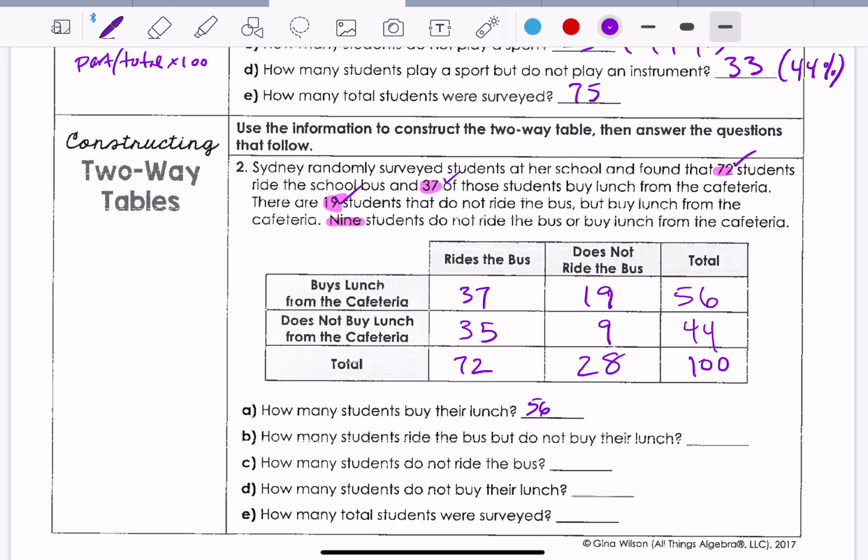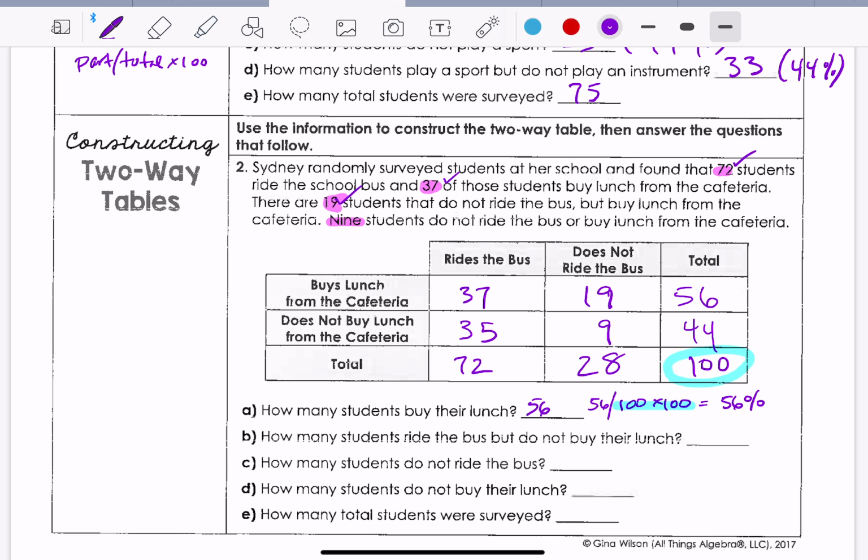Well, the percentage is going to be 56 divided by 100 total students times 100. That's going to be 56%. Because they've got a total of 100 students, this particular step right here, I don't really need to do. So these percentages just match up because of this 100 total students. So let's go to the next one.